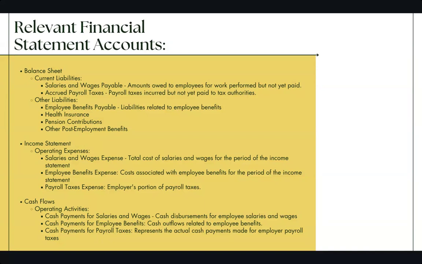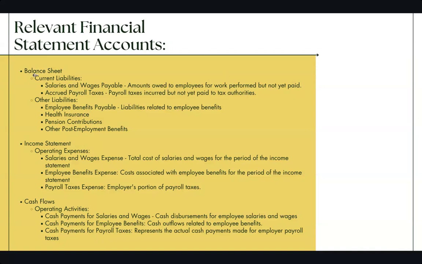But for simplicity, the balance sheet, income statement, and cash flows are the relevant financial statement line items that would be impacted by payroll and payroll taxes, as well as the benefits that would be accounted for within the payroll process.